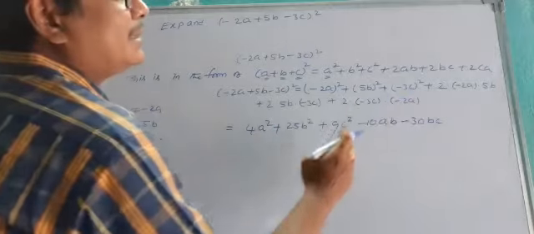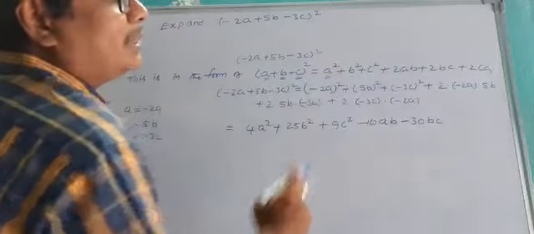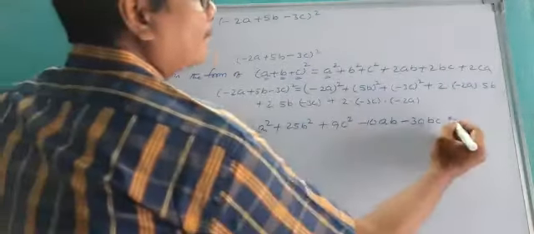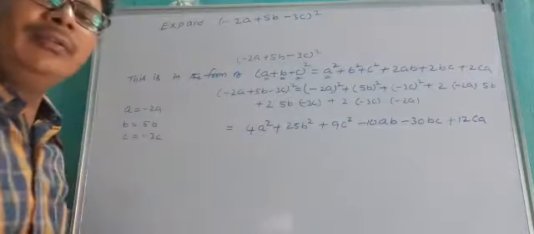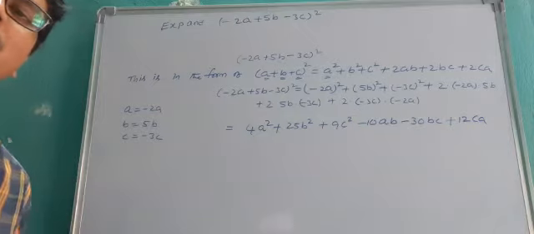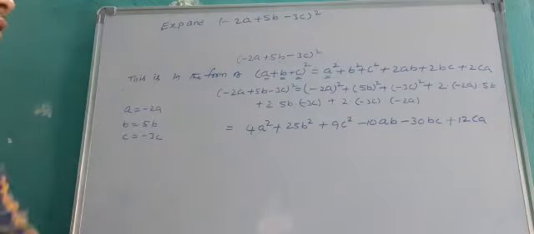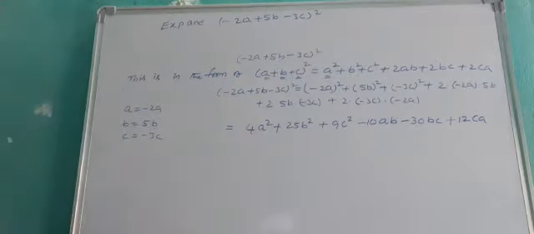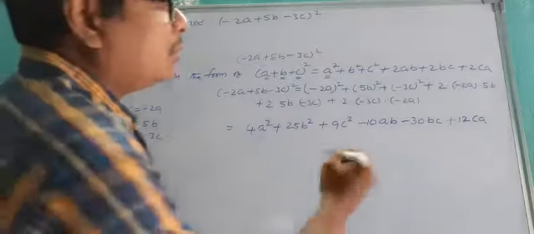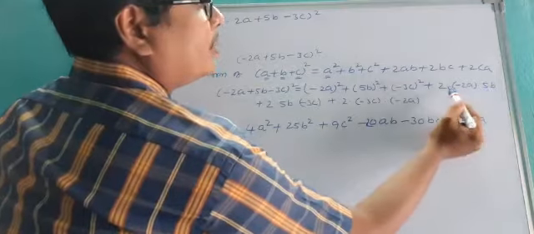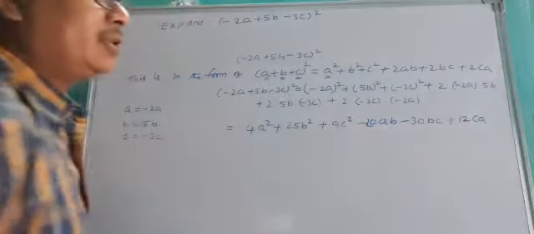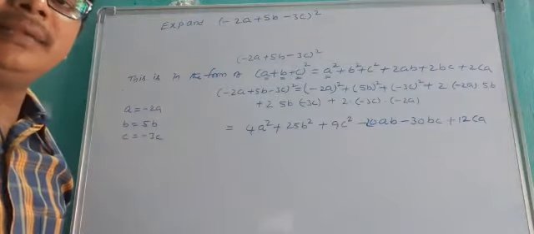So 3 into 2 is 6, minus 2 into minus 3 is 6, 6 into 2 is 12, so plus 12ca. This is the expanded form of the given question.